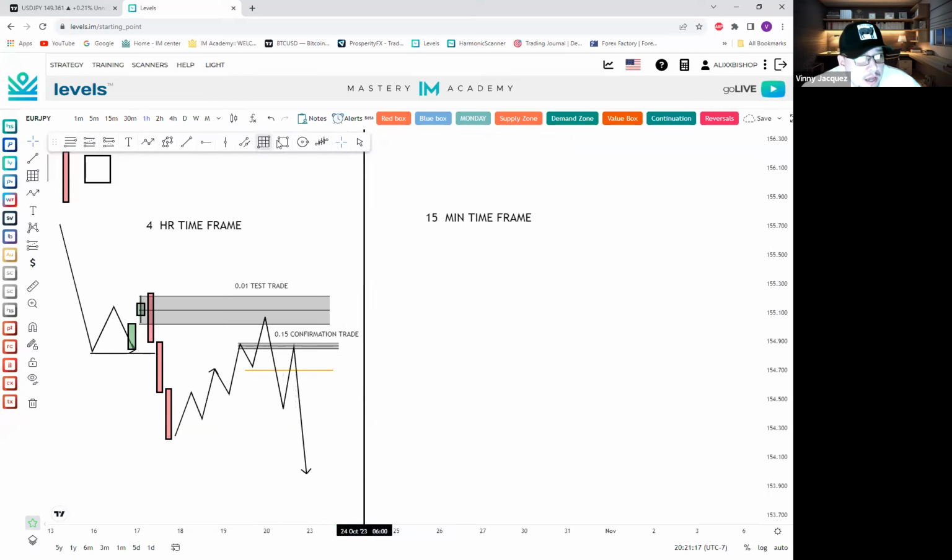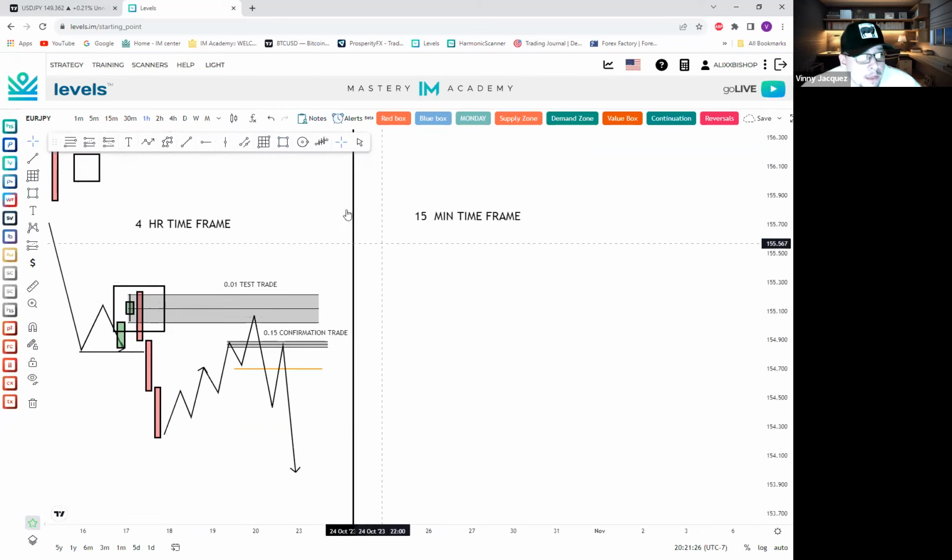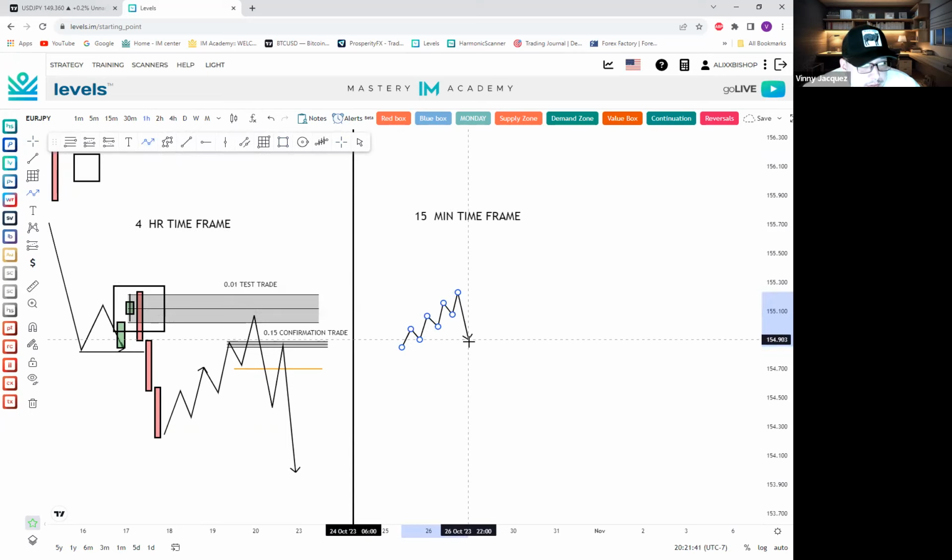Now I'm going to break up what's inside here and why the market loves to come back to starting points. On this side, I'm going to be drawing the 15-minute market structure printing. Market's going up, higher high, higher low, higher high, and then market drops.